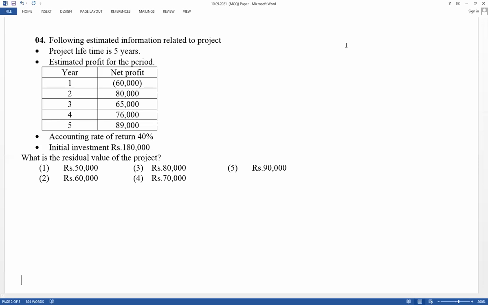Think how to calculate accounting rate of return. Accounting rate of return, ARR, equals average net profit divided by average investment.